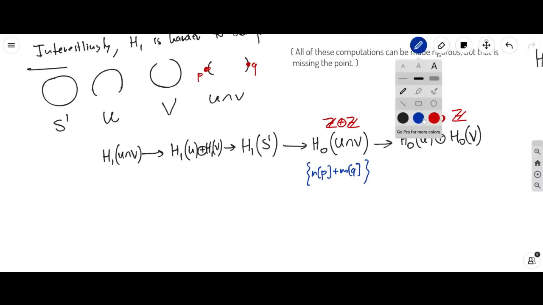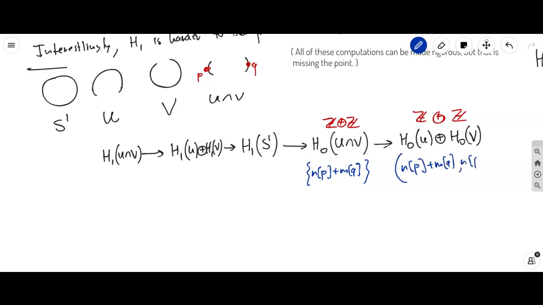So this is going to be a pair: NP plus MQ, and then NP plus MQ again, like this. You just repeat it twice. But now here's the part which makes this quite interesting. You need to understand that the class of P and the class of Q are different in the intersection, because the intersection is not path connected.